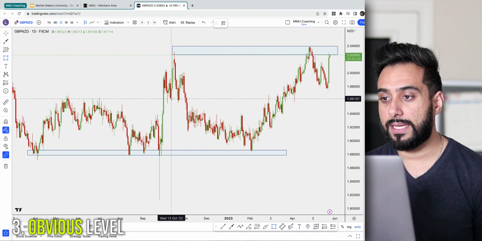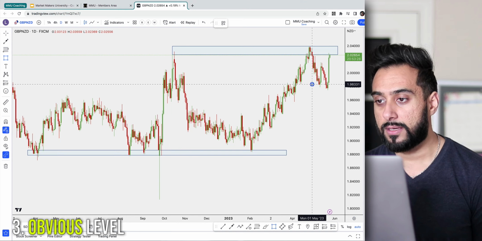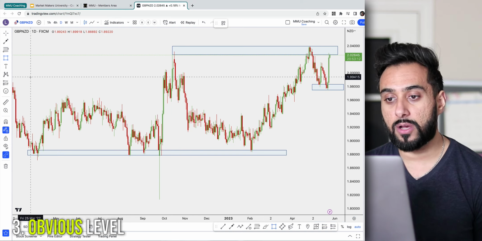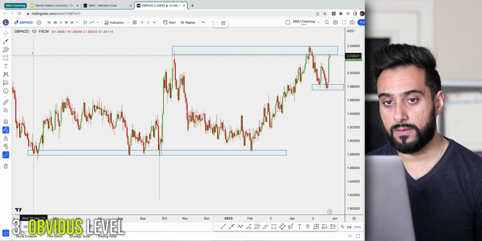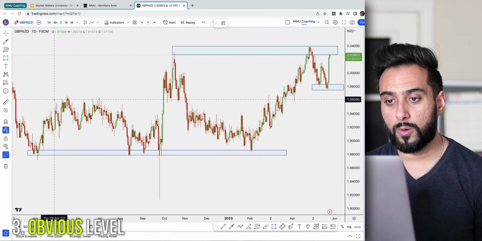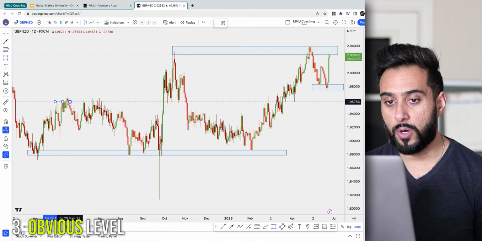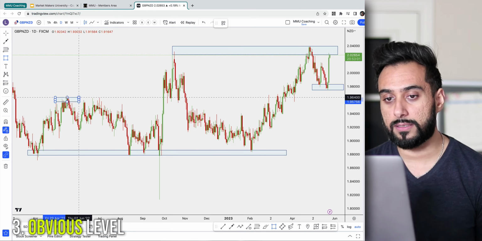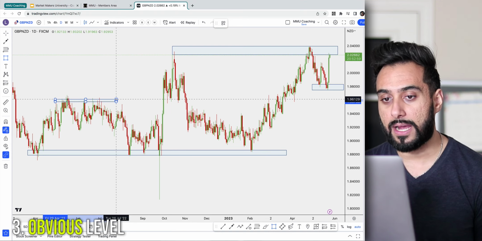The next clean, obvious zone that I see here is just right here at these support areas over here. And this last clean zone I see on GBP NZD is right over here. Notice the price action has been reacting or rejecting at this zone countless times.